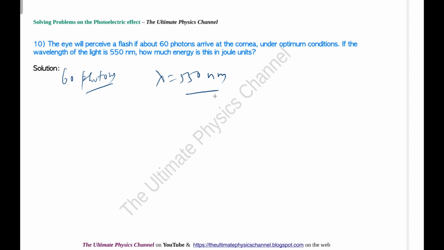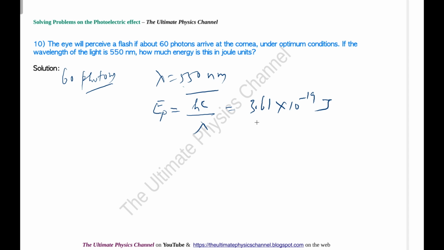We have to calculate the energy of the photon for a given value of lambda. That is E is equal to h nu or hc over lambda. Let's call that energy of the photon EP. If you substitute the numbers here, you would get about 3.61 times 10 power minus 19 joules.